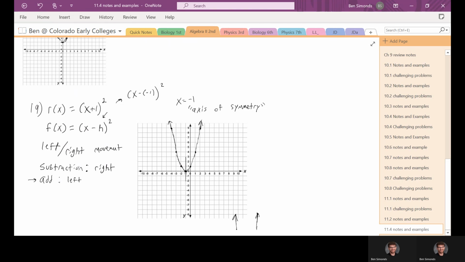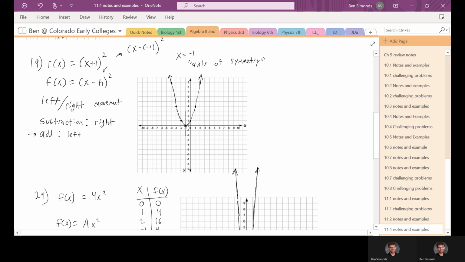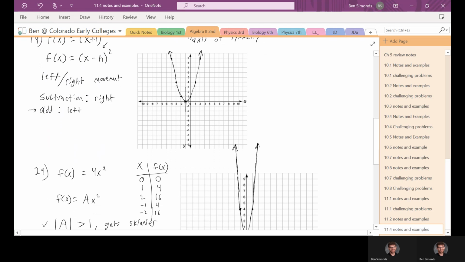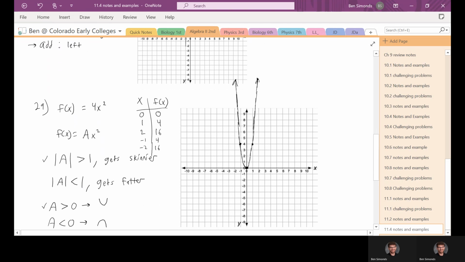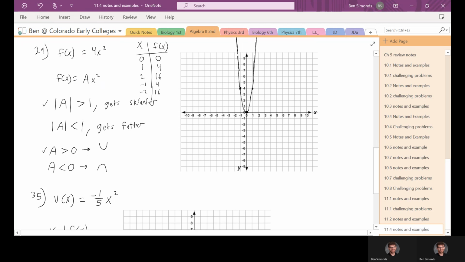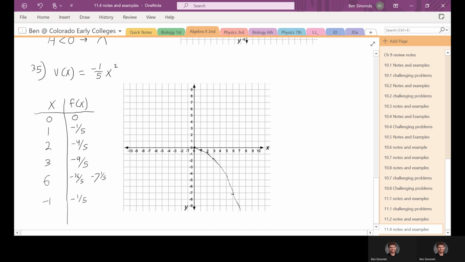If we don't move x within the parentheses, then we're going to be centered at x equals 0, or the y-axis. So you can see here, right? Nothing in the parentheses with x. The only thing getting that square is x. So we've got a symmetry at x equals 0 amongst the y-axis.